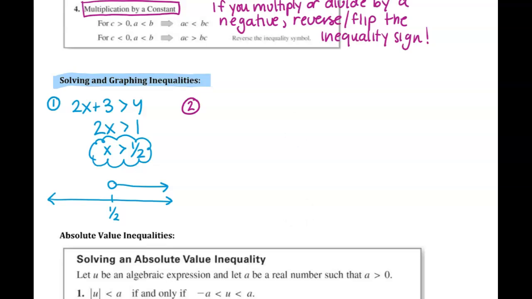For our second one, let's look at 5x minus 7 is greater than 3x plus 9. We subtract 3x from both sides. Again, we're treating it like a normal equation right now. We get 2x minus 7 is greater than 9.